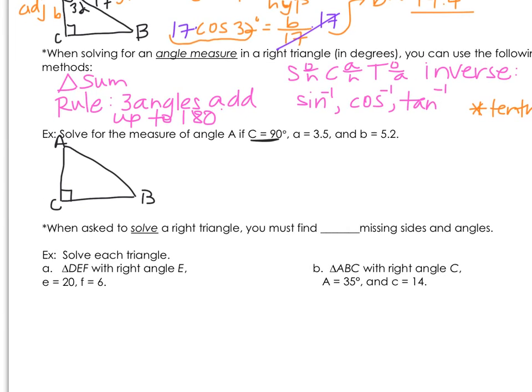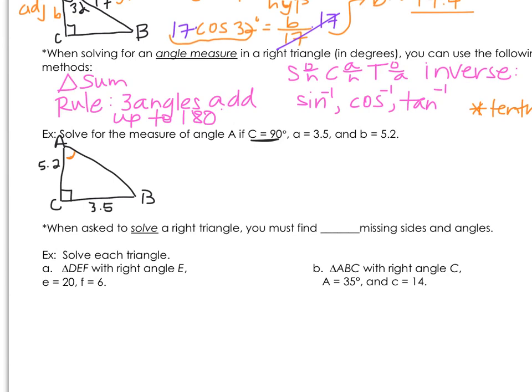Now it says the length of little a is 3.5. That's directly across angle A, that would be at the bottom. And side B is directly across angle B, that's over on the left-hand side for my picture, 5.2. And we're asked to find the measure of angle A. That means we're trying to find this value in the corner. How big is that angle?